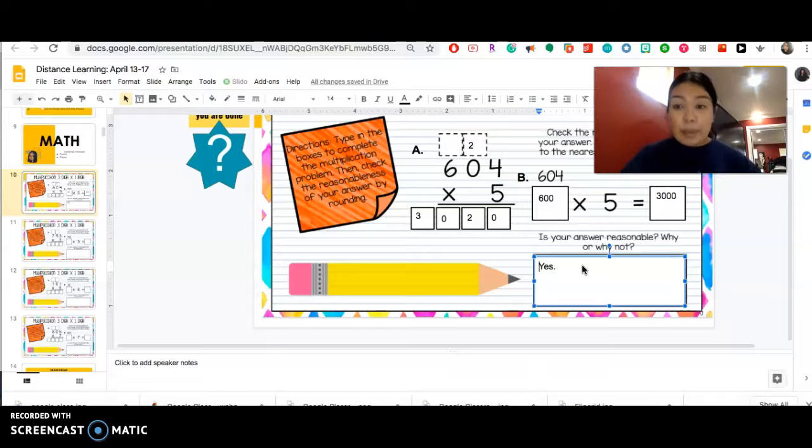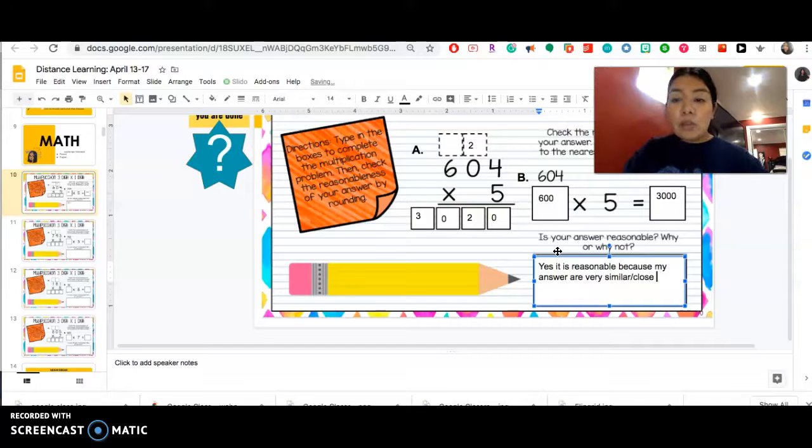If my answer right here was 200, are 3020 and 200 similar? Are they close? No, so that would be an unreasonable answer, not reasonable, because they're too far apart. So my answers here are reasonable. Yes, it is reasonable because my answers are very similar, close to one another.